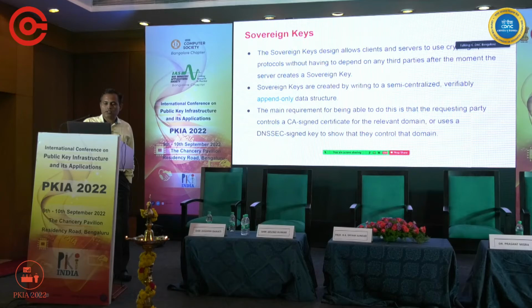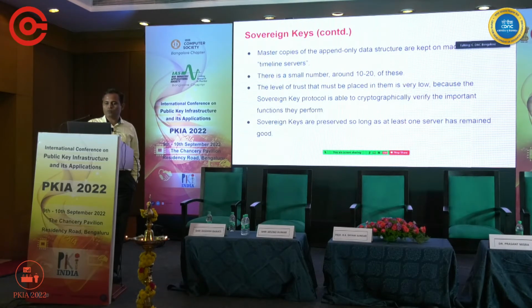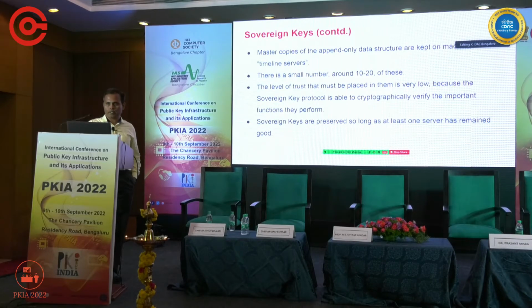This initiative is based on DNSSEC, and it also maintains an append only data structure. There are parallels between blockchain ledgers, which are also append only data structures, and this initiative, which tries to check whether PKIs or trusted third parties can be avoided.